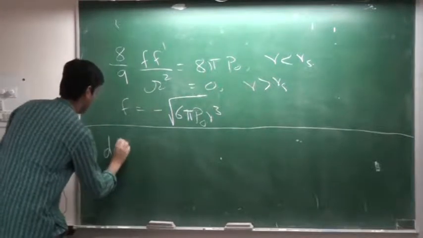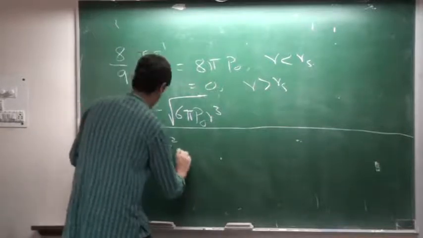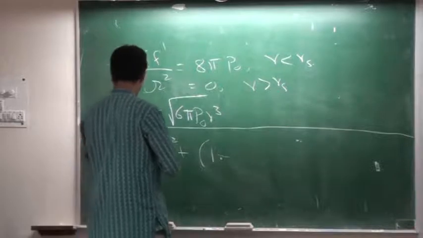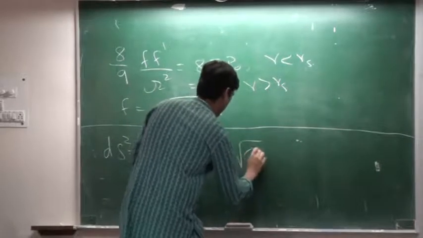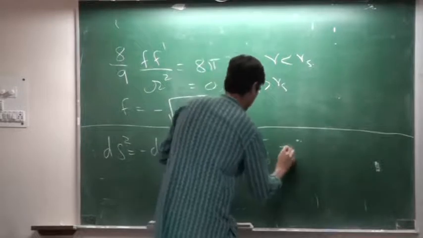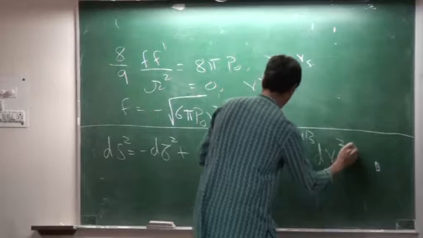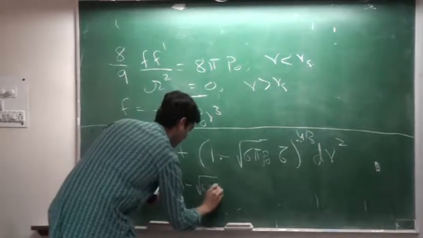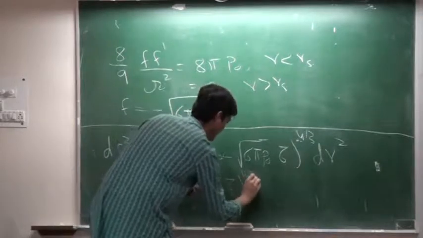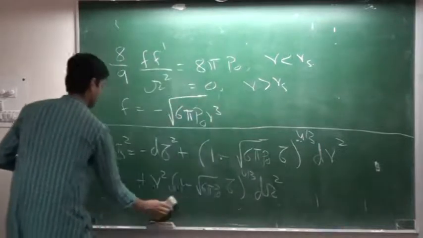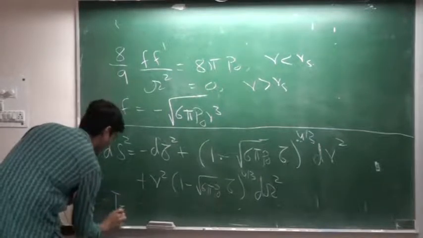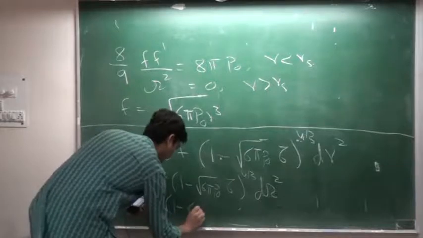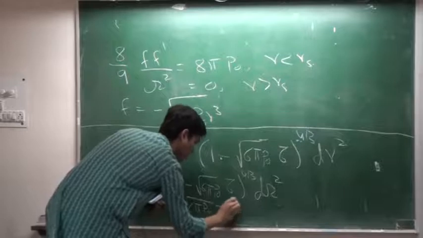For r smaller than rs, it looks like ds squared is minus dτ squared, times 1 minus root of 6π rho naught τ to the power 4/3 times dr squared, plus r squared... there's a minus 1 here on top of the bracket.